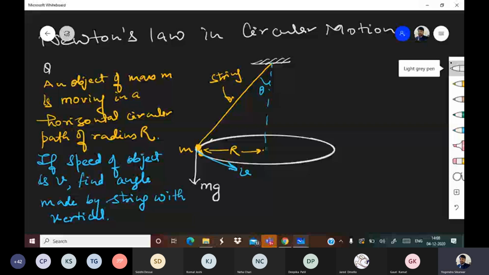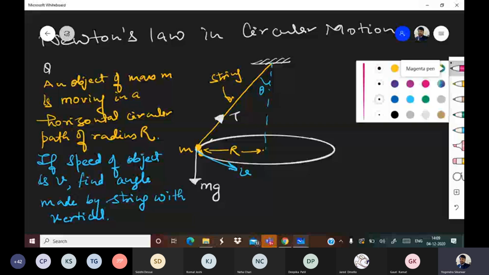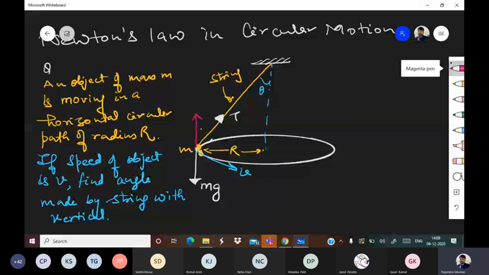And the mass m is connected only to a string, so the string will be exerting tension T along the length of the string. Now we resolve T into two components. One component will be along vertical. If this angle is theta, this will also be theta, and this will be T cos theta. One component will be along horizontal, and this will be T sin theta.